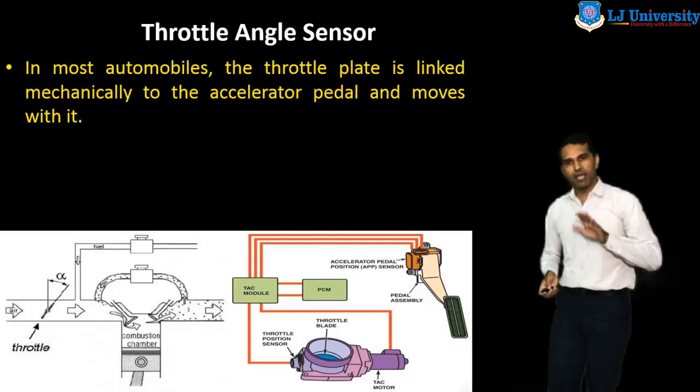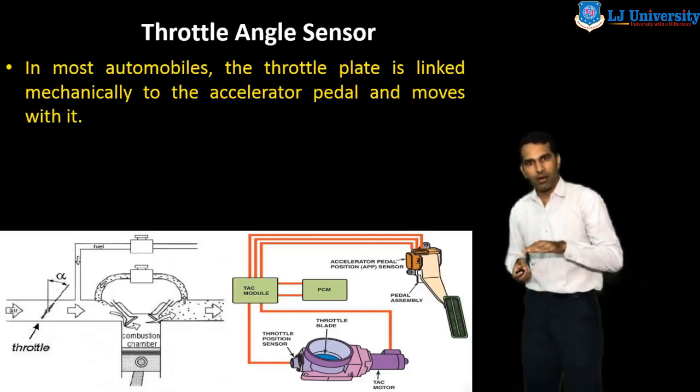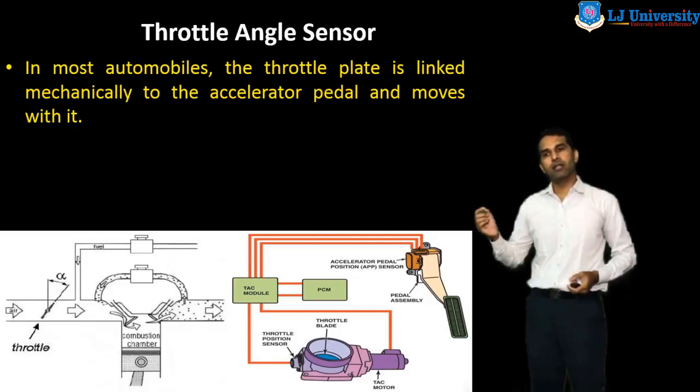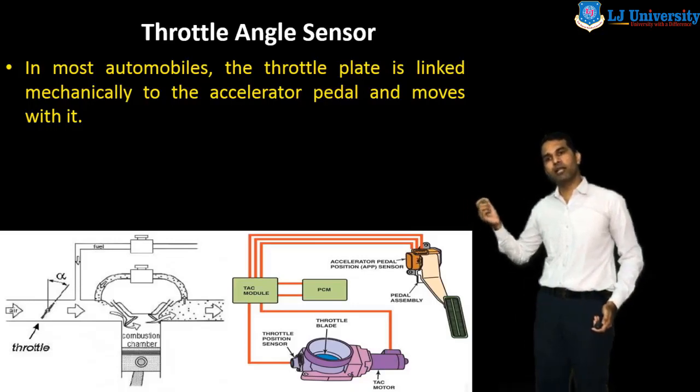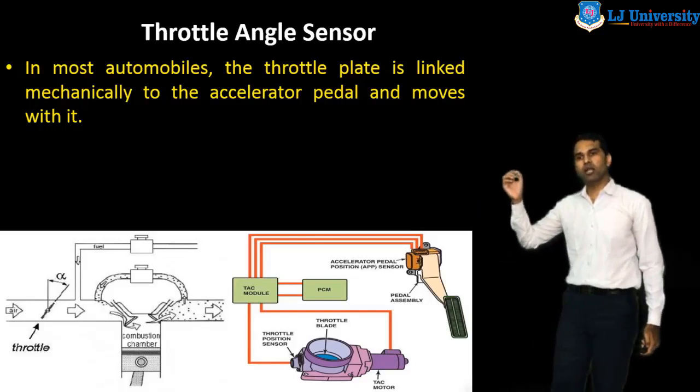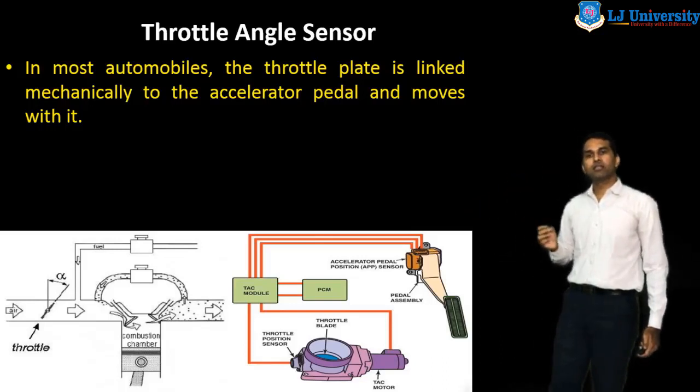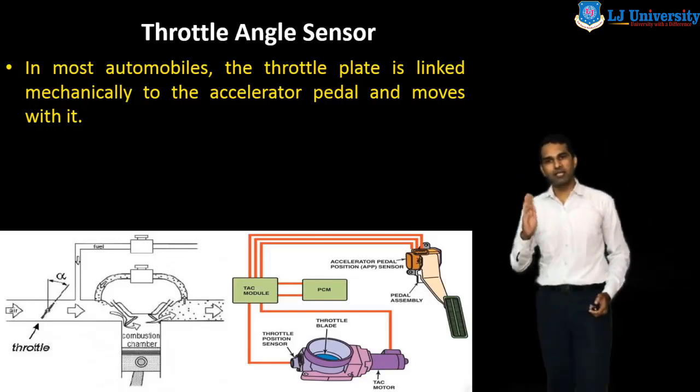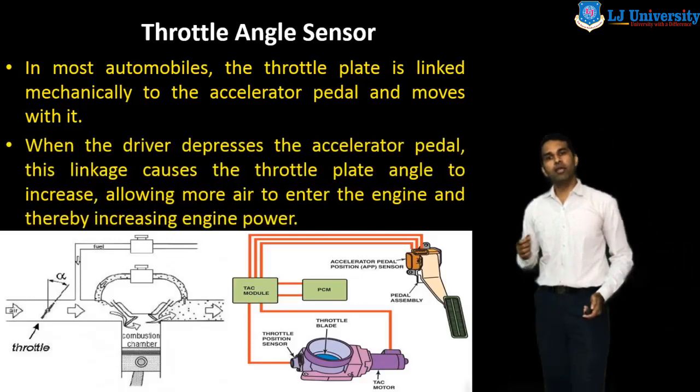As we press the accelerator pedal, this angle, that means the throttle plate angle, is varied. The function of this throttle angle sensor is to measure this variation and give the information to the ECU.